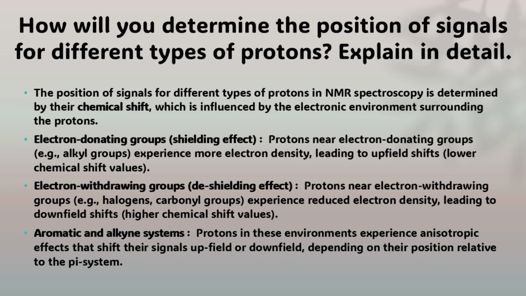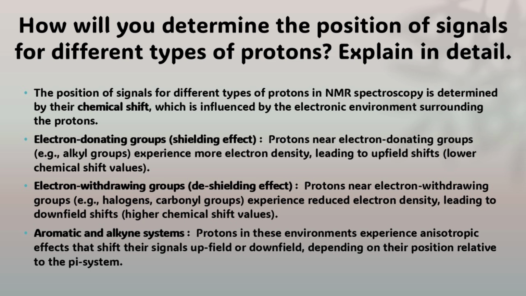The next question is question number 34. How will you determine the position of signals for different types of protons? Explain in detail. The answer to this question is, the position of signals for different types of protons in NMR spectroscopy is determined by their chemical shift, which is influenced by the electronic environment surrounding the protons.